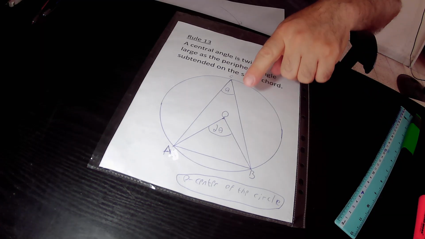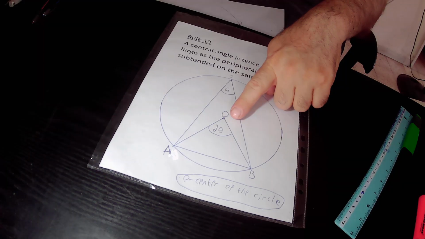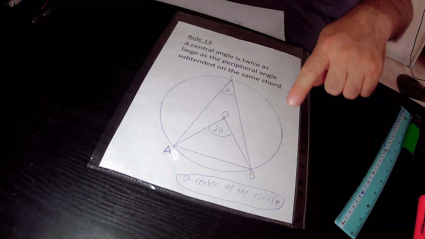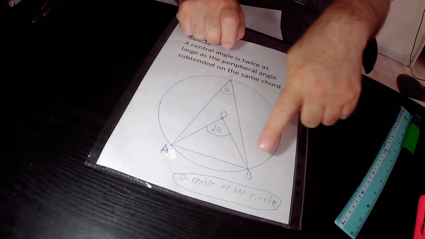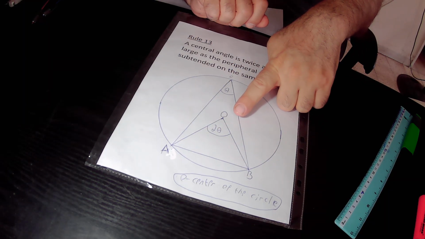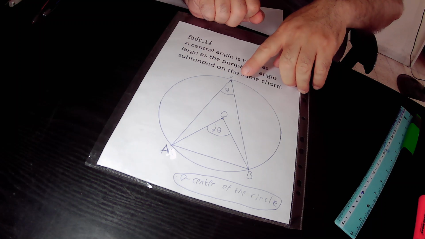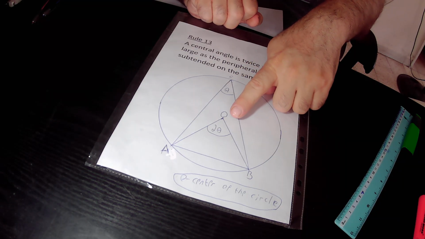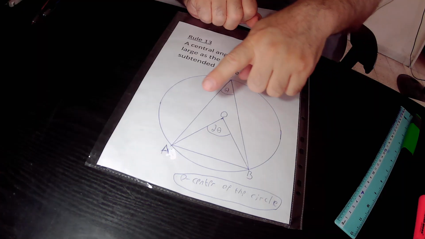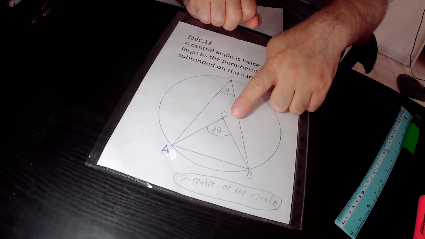Likewise, we also have here the angle AOB, subtended on the same chord AB. Because those two angles are both subtended on the same chord AB, the size of angle AOB will be twice as large as the size of peripheral angle ACB. The size of peripheral angle ACB is theta, and therefore the size of angle AOB will be equal to 2 theta.